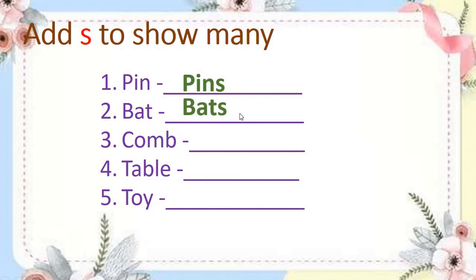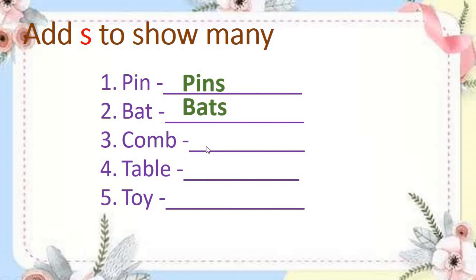Bat. Bats. Number 3. Comb. C-O-M-B. Comb. Yes, you are combing your hair with a comb, no? Yes, that comb. If there is only one comb, then the spelling will be comb.